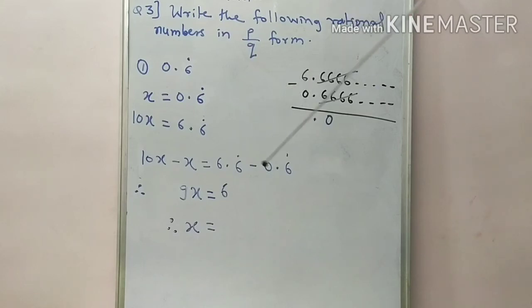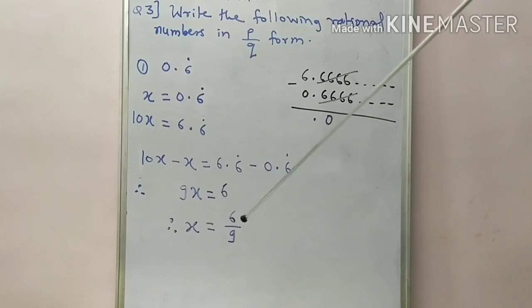6 minus 0, the answer is 6, and hence x equal to what? This 9, as you take it to the right side, becomes 6 upon 9, and this 6 upon 9 is the P upon Q form of the given number, because here we consider the given number 0.6 recurring as x, and that value of x we now convert into P upon Q form.